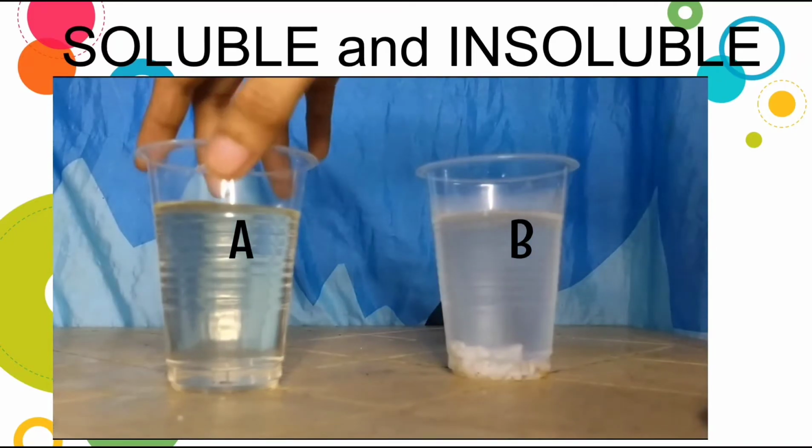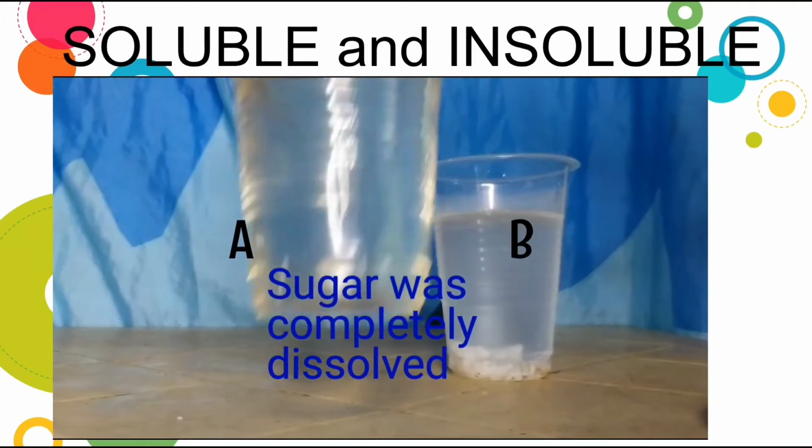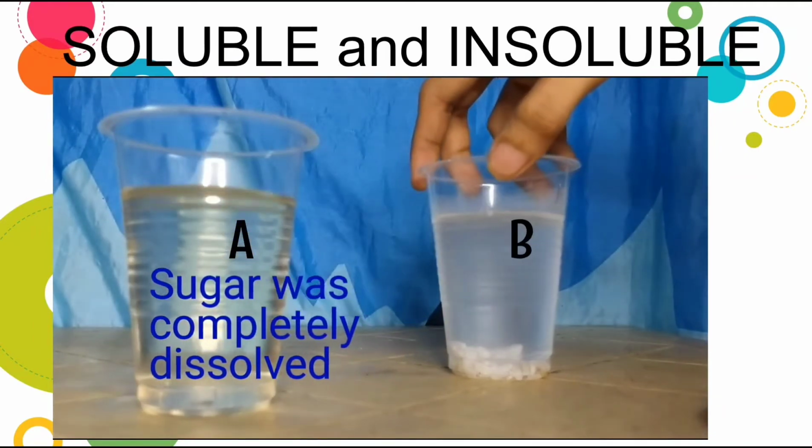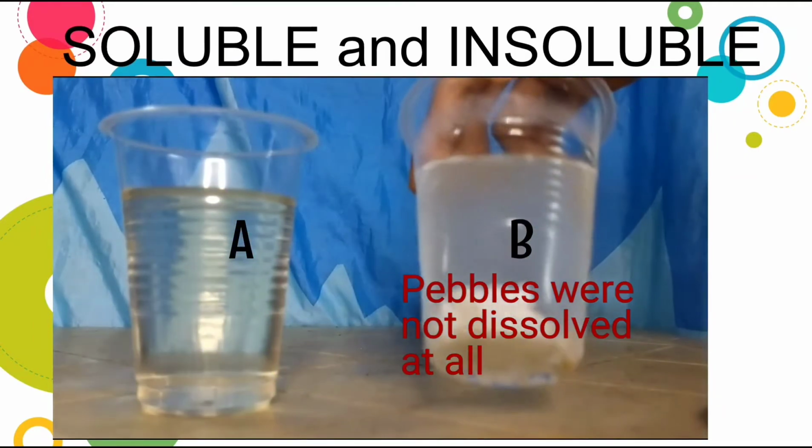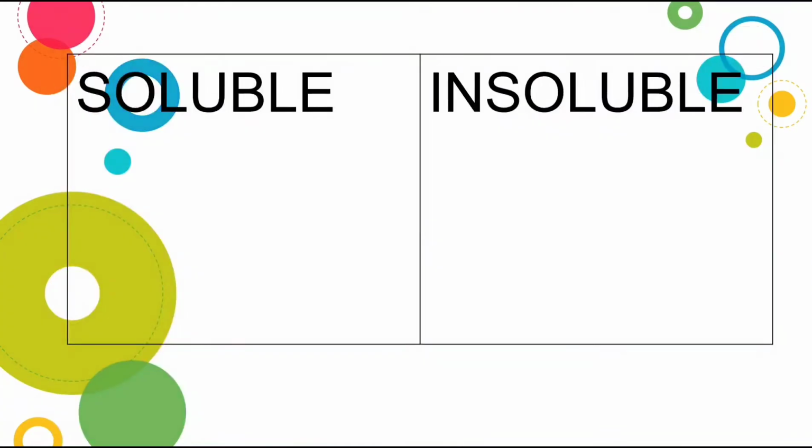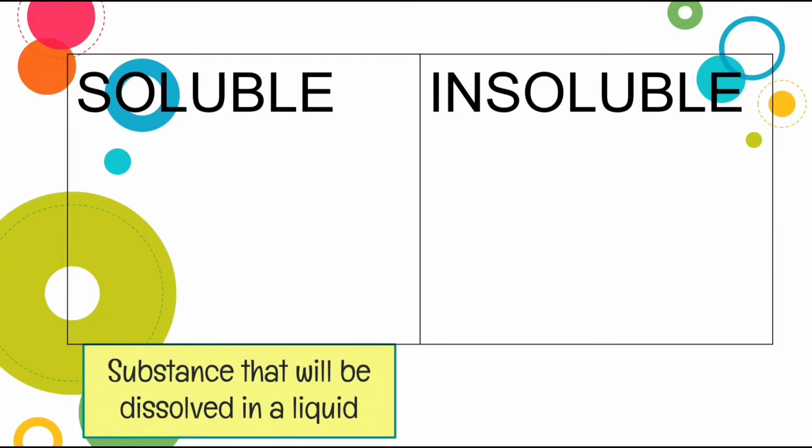From the experiment, we can see that sugar particles were dissolved in water, while the pebbles were not. It is because sugar is soluble, while pebbles are insoluble.